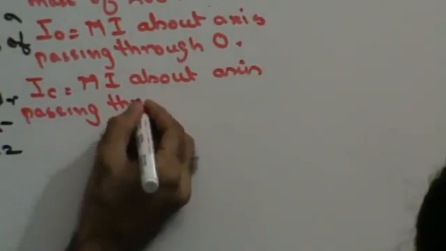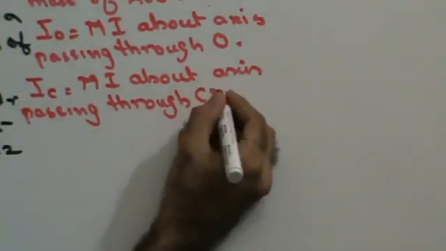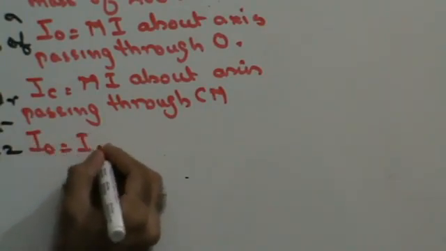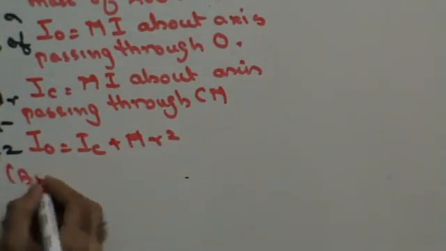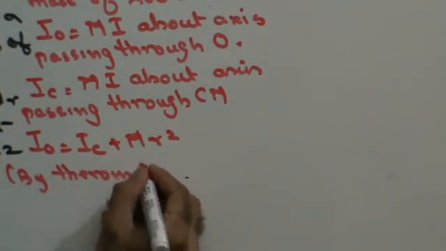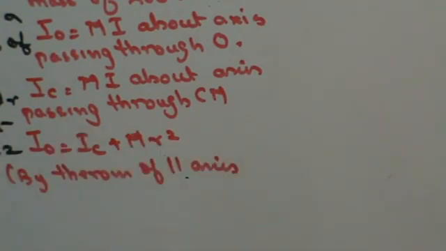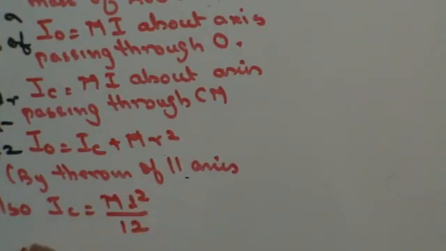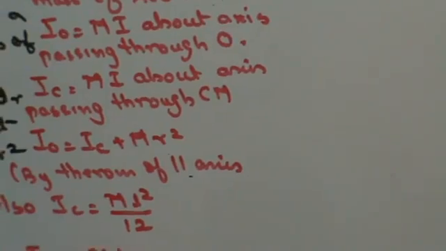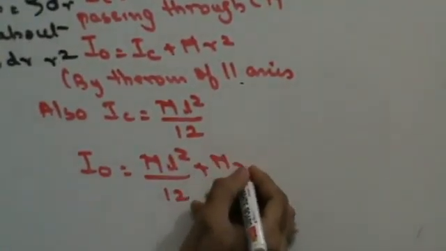In which case I can say that IO is equal to IC plus MR square. This is by theorem of parallel axis, as the axes are parallel to each other, and also I can say that IC is nothing but ml square by 12. Therefore, IO is equal to ml square by 12 plus mr square.